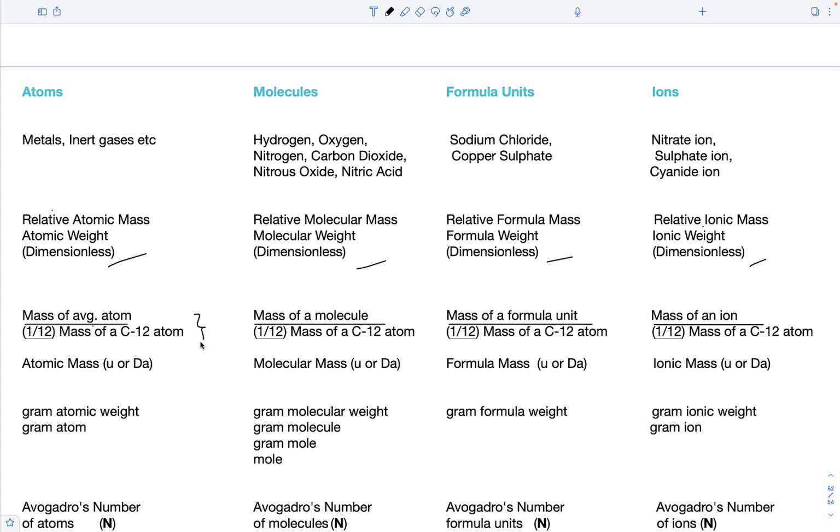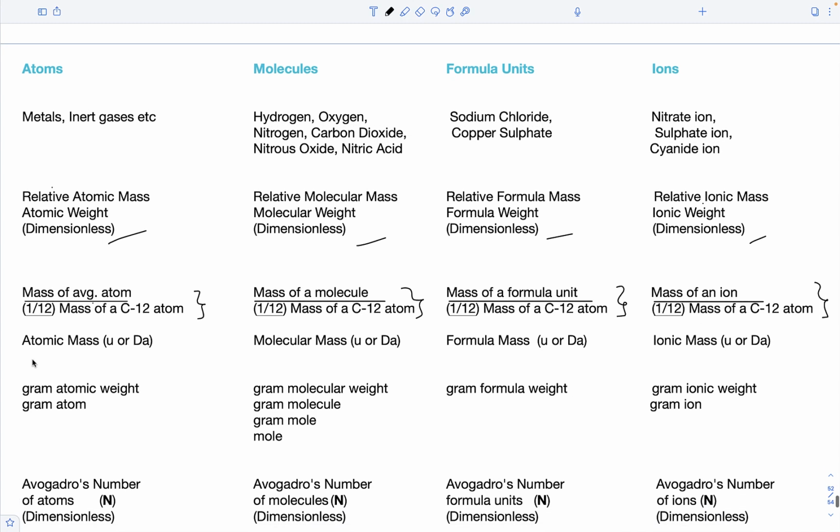And here are their definitions. And relative atomic mass expressed in U is its atomic mass. Relative molecular mass in U is its molecular mass. Relative formula mass in U is its formula mass. Relative ionic mass in U is its ionic mass.